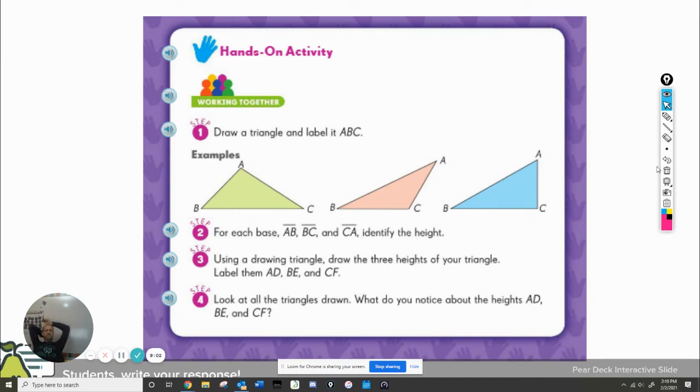If you have a drawing, you can pause, read this. All right, you got that? Good. You're supposed to draw 3 triangles, label 3 bases, then label the corresponding heights. What do you notice about the heights AD, BE, and CF?